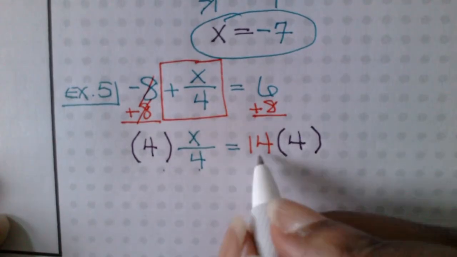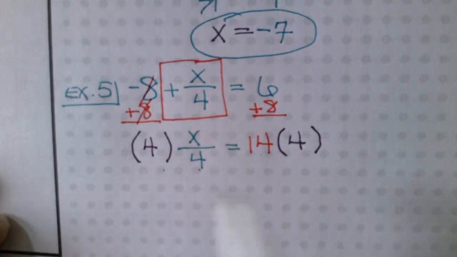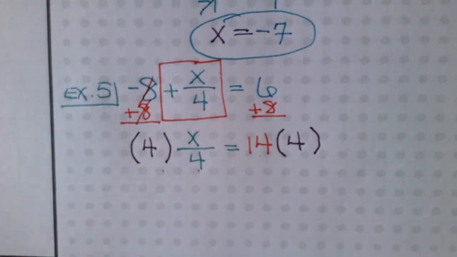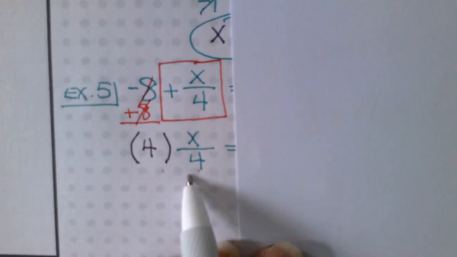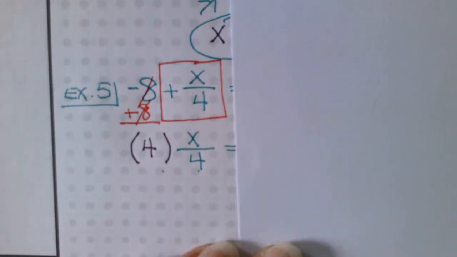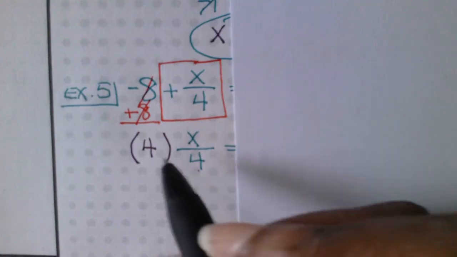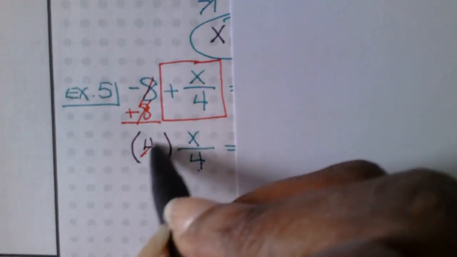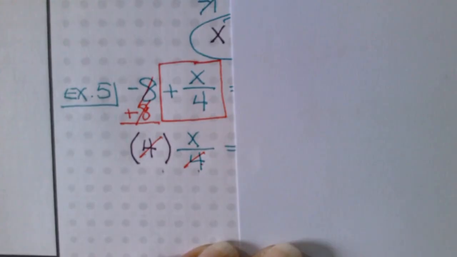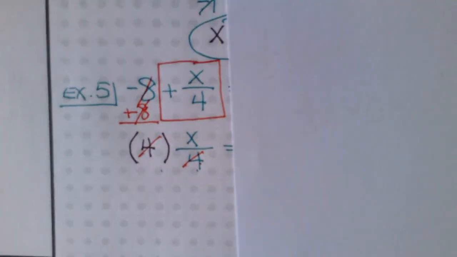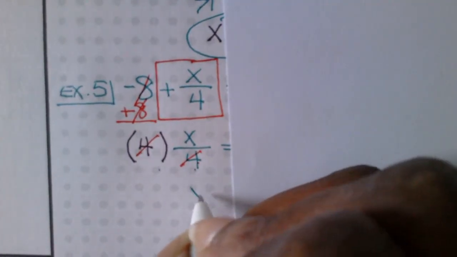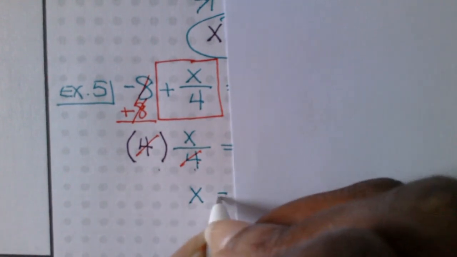Not the 14, the 4. Because remember what we're trying to do: we're trying to get x by itself on this side of the equal sign. So when we do 4 divided by 4, that gives us a 1x. So 1x and x means exactly the same thing.